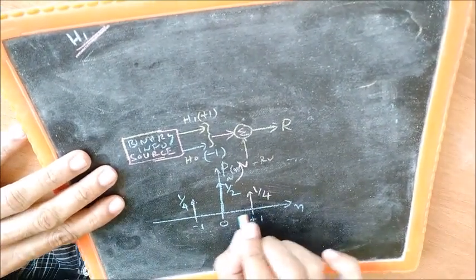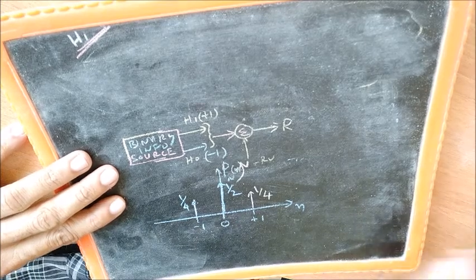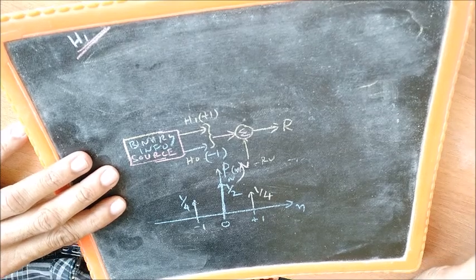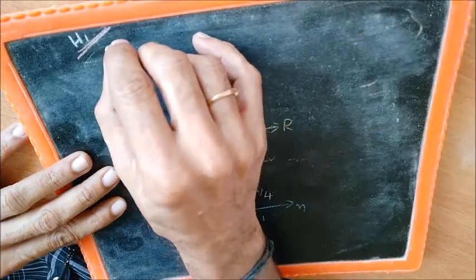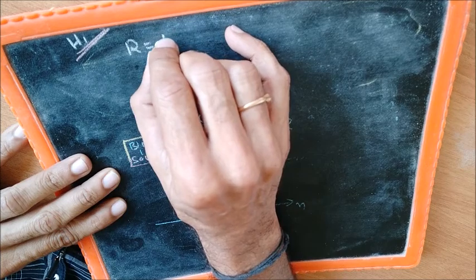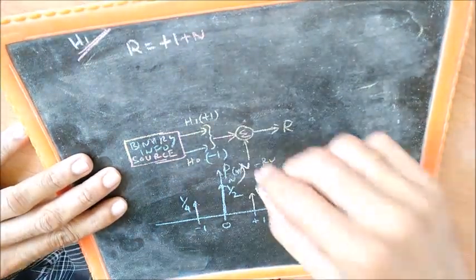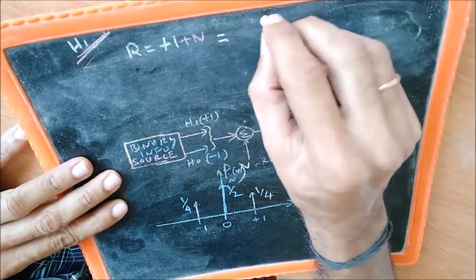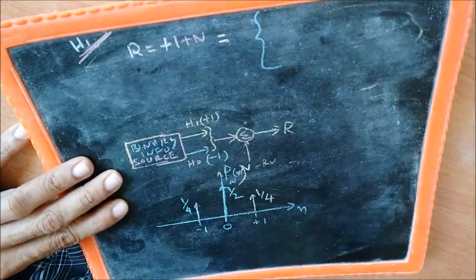Now, since noise can take these three possible values, that is, 0, +1 or -1, with a probability of 1/2, 1/4 and 1/4 respectively, we can write that when H1 is true, R is equal to +1 plus noise. There are three possible values, so R itself can now take three possible values when H1 is true.